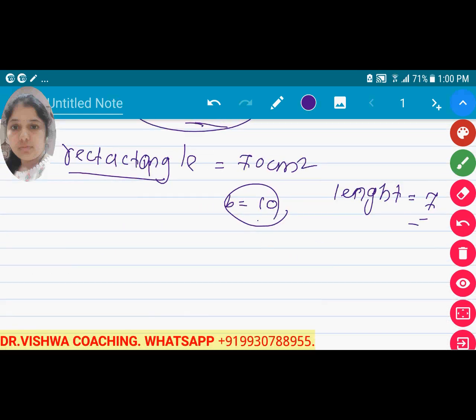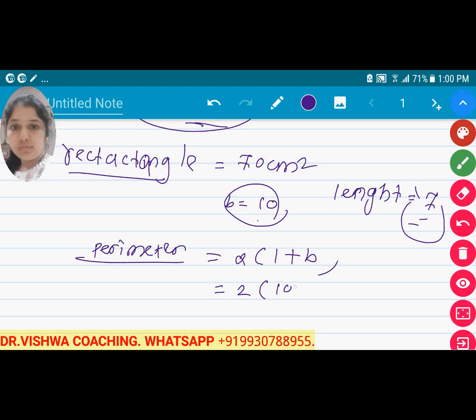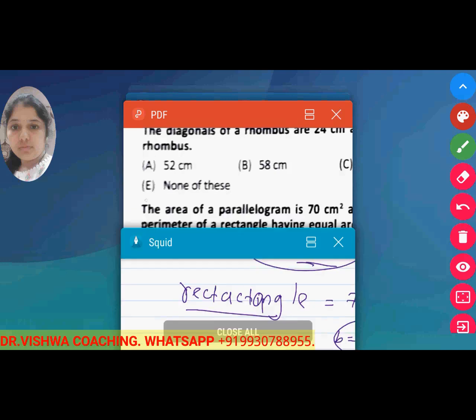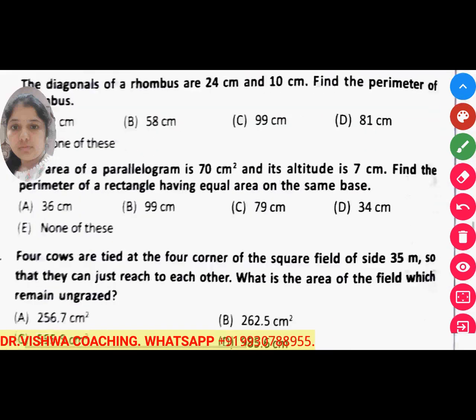Now we know the length and the breadth, or you can find using the formula length into breadth is equal to area. Now we can find the perimeter of that rectangle: 2 into length plus breadth. Now 2 into 10 plus 7 means 17 twos are 34 centimeter is the perimeter of that rectangle. Okay, understood?